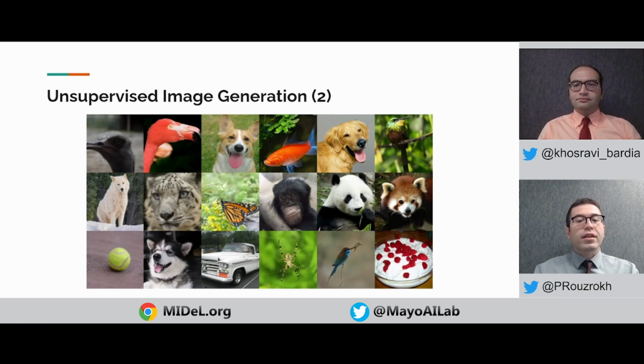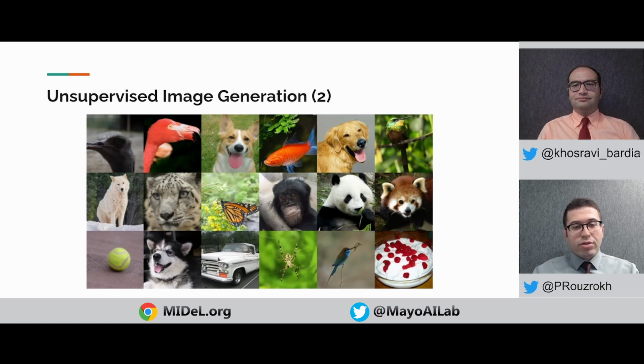Now, look at the quality of these images. These images look very, very realistic, but all of them are actually fake. And as you see, these are quite similar to the kind of images that come out of very modern and recent architectures released from the GAN family, the StyleGAN. So this is how DDPMs can be used for unsupervised image generation.